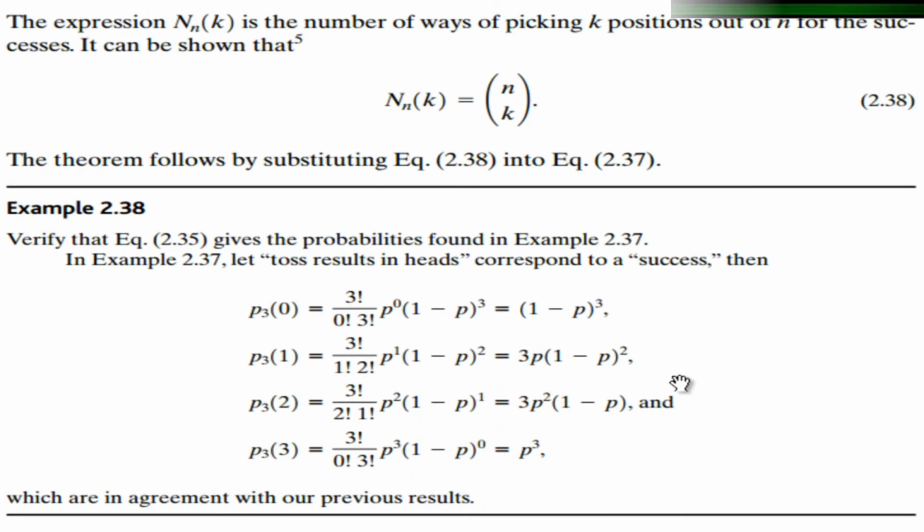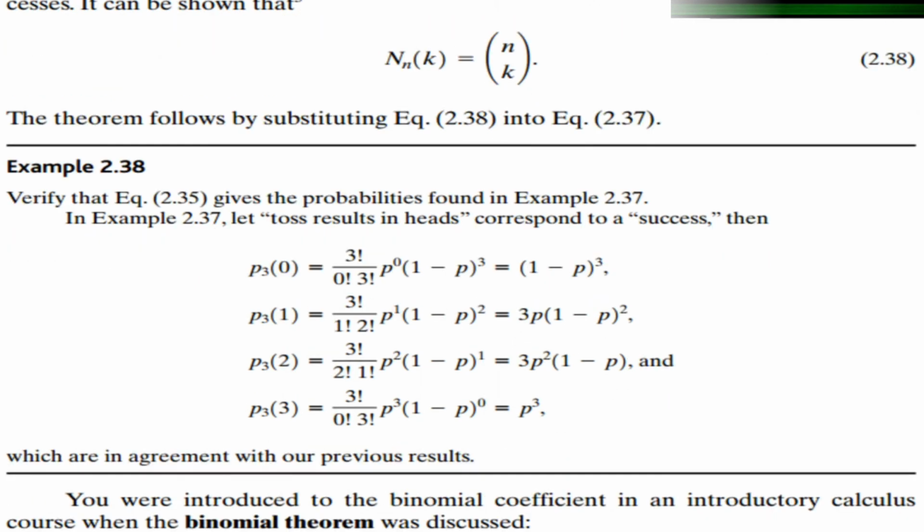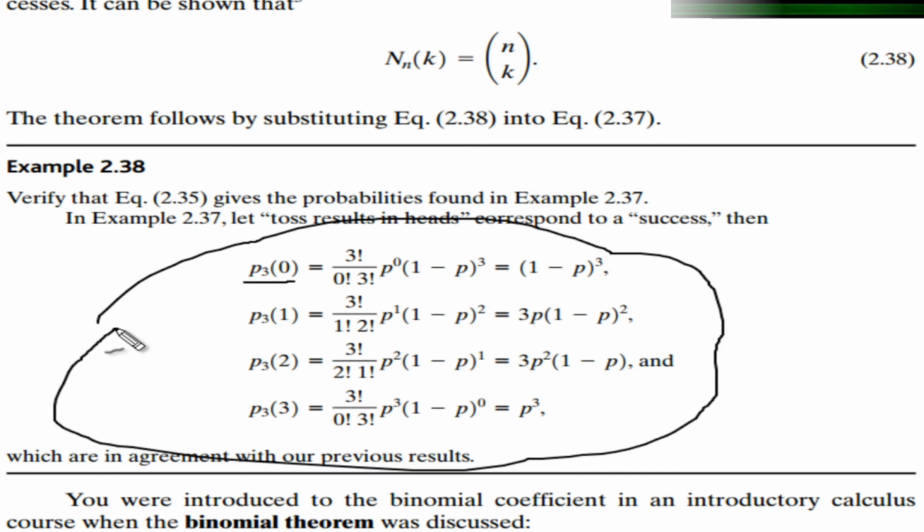Here this is the same formula. This is the same thing which we have seen for finding the probability of 0 successes out of 3 trials, 1 success out of 3 trials, 2 successes in 3 trials, and 3 successes in 3 trials. The same thing you can find by using this formula.